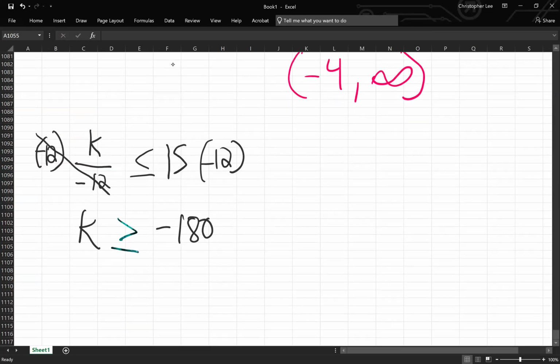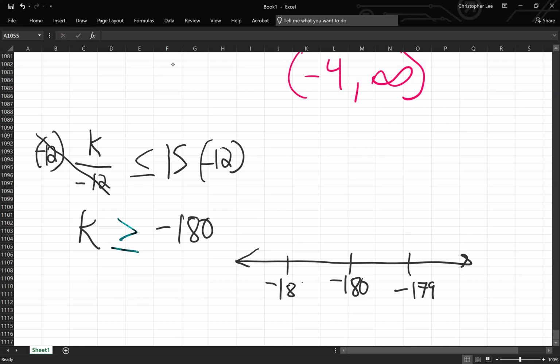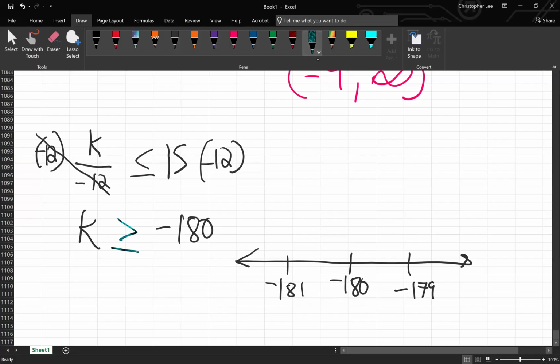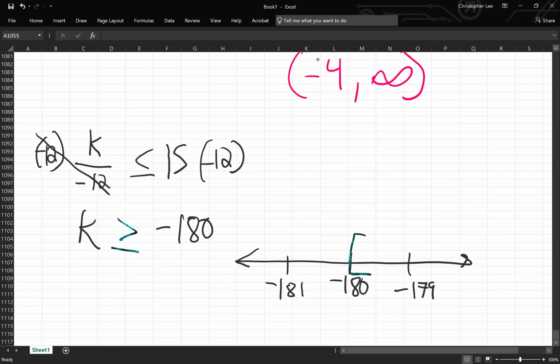So this is a simple graph as well, right? This is going to be a number line, -180. Maybe I do a -179 here and a -181 here, right? And then this is greater than, so this is going to be a bracket, greater than or equal to, everything to the right.